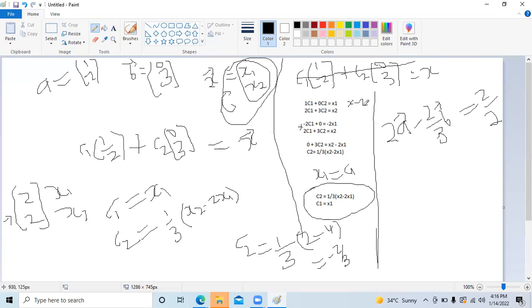So let's go. So 2a, which is vector 1, 2, minus 2 over 3 vector 0, 3. What does it give us? It gives us 2 times 2.